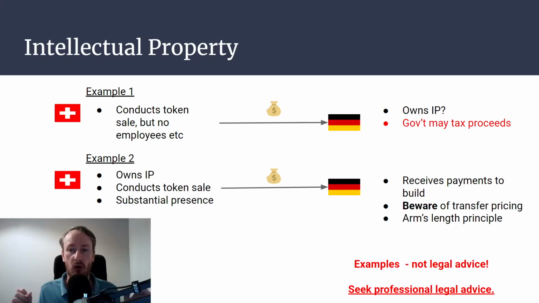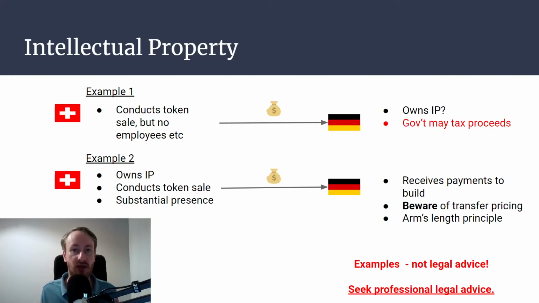Basically, in this example, you would have no way to prove that you have any real relation to Switzerland or any real economic substance. And that's what it comes down to at the end of the day. Whereas what you could do is put your intellectual property within a Swiss entity. You could have an office there with a rental agreement, and you could have employees there such that you do have some sort of substantial presence, shall we say.